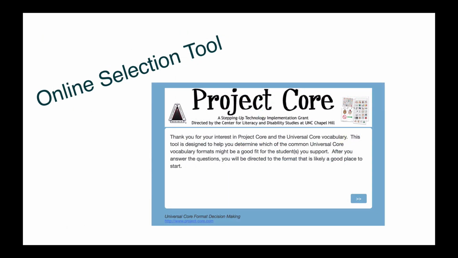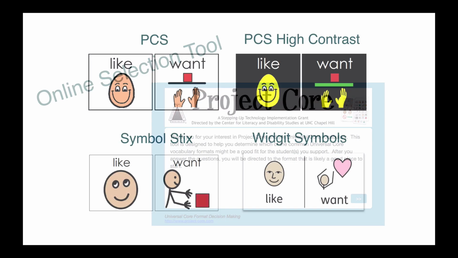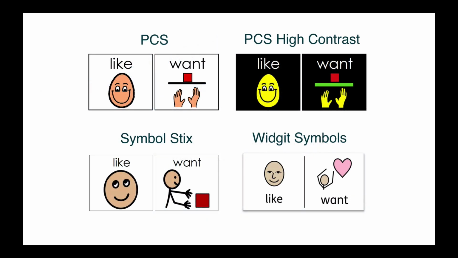An online selection tool offers support for making initial decisions about which format is best suited to each student. Each of the formats is available in PCS, PCS High Contrast, Symbol Sticks, and widget symbols. This allows schools and teams to match existing symbols if they have been using them.